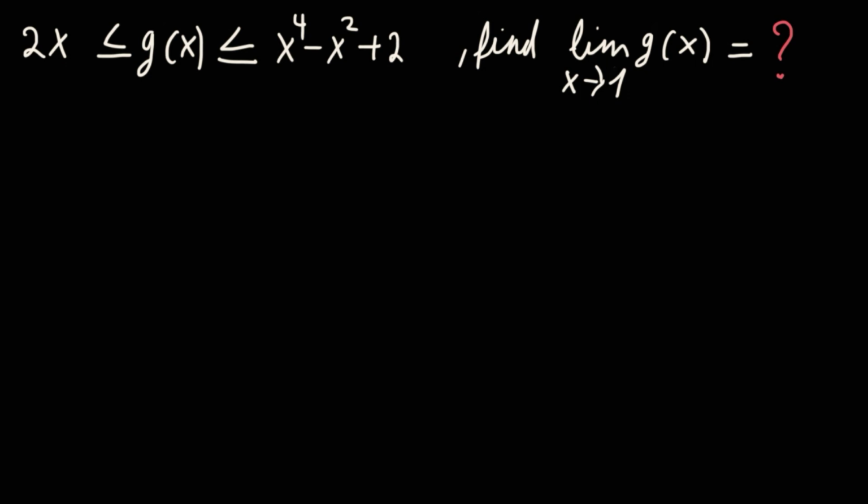So if we have to find the limit as x approaches 1 for the function g of x, and g of x is between 2 times x and x to the fourth power minus x squared plus 2.